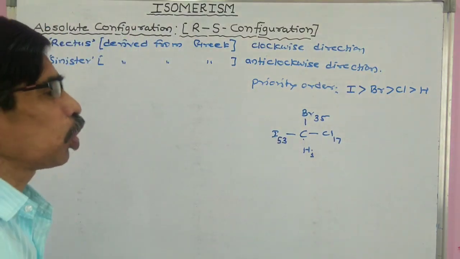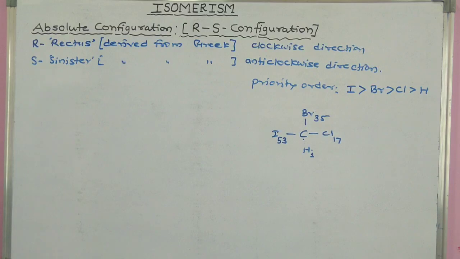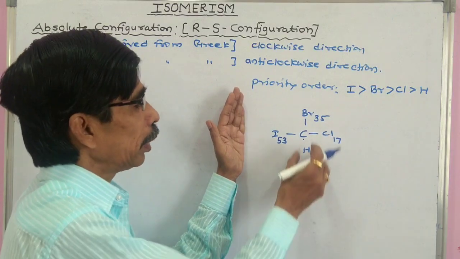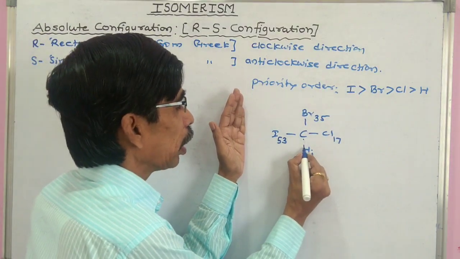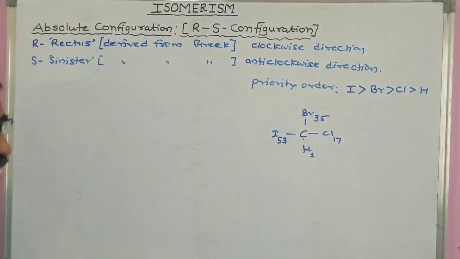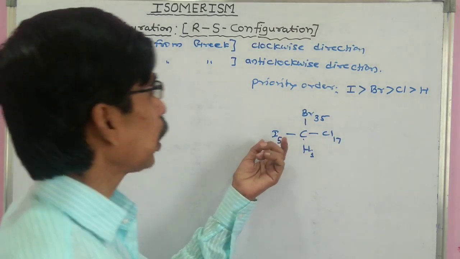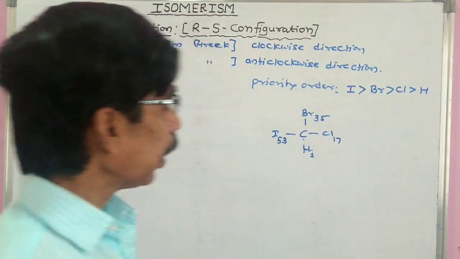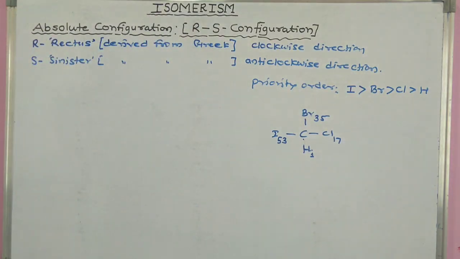Now this molecule is visualized in such a way that the lowest priority atom is away from us. When this lowest priority atom, hydrogen, is away from us, the remaining atoms or groups are arranged in such a way that we will get the configuration. So iodine, bromine and chlorine are arranged so that we get the R or S configuration.